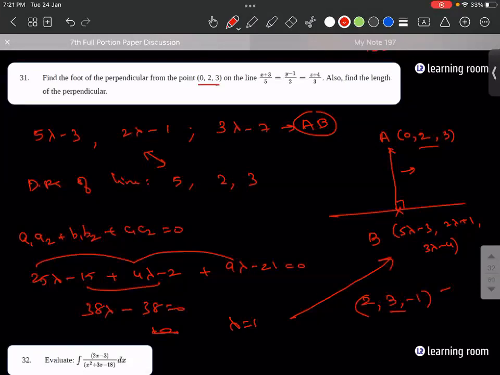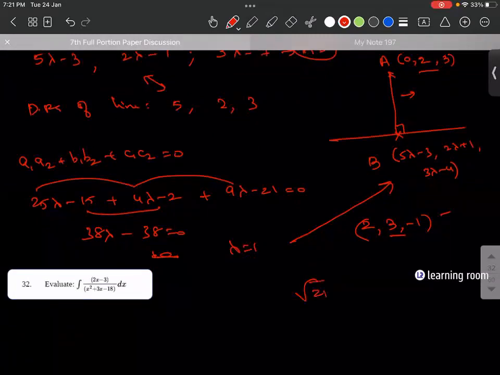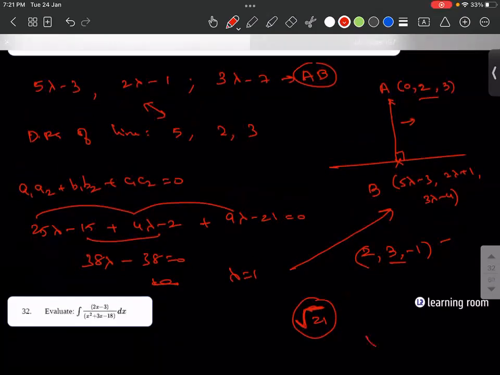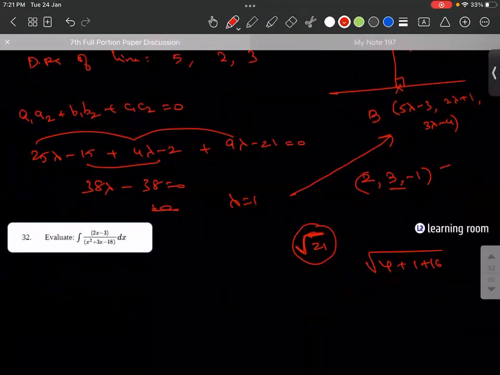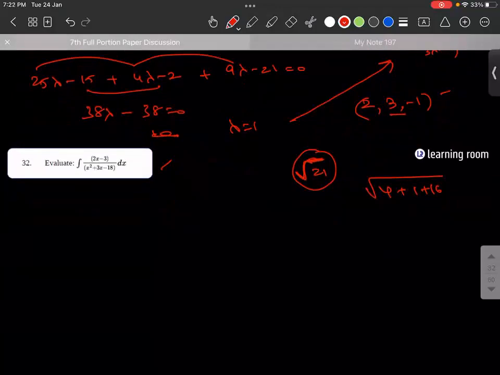That will be the length of the perpendicular. Length of the perpendicular is square root of 21. Actually we get square root of 4 plus 1 plus 16. So root 21 will be the answer. Clear?